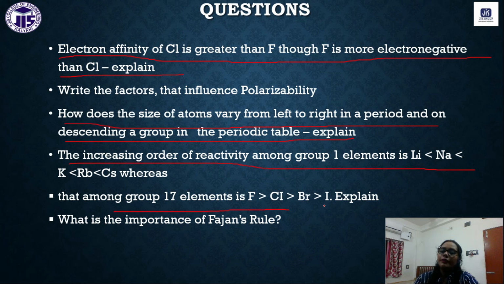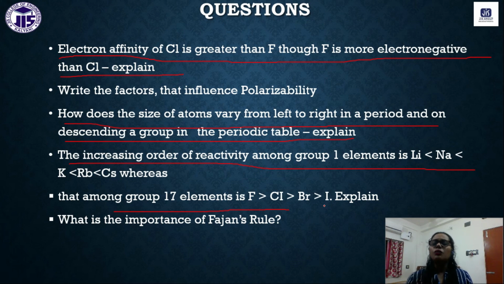Okay, so if you look at lithium, sodium, potassium, you can see the size of the cesium atom is greater than rubidium, than potassium, than sodium, than lithium. So they can very easily release the outermost orbital electron.